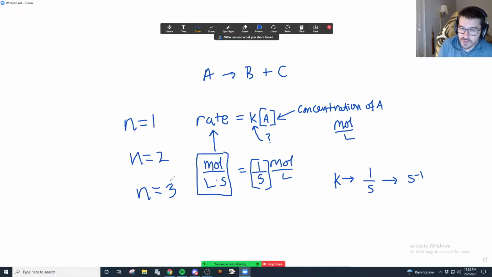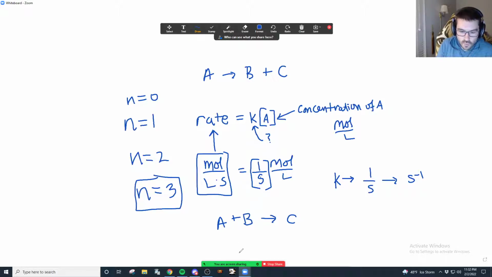I know we said that n can only be 0, 1, or 2, but let me be careful here. Let's say you had a reaction A plus B makes C. Remember how I said that the rate law factors in both reactants? The total order of the reaction could be more than 2.